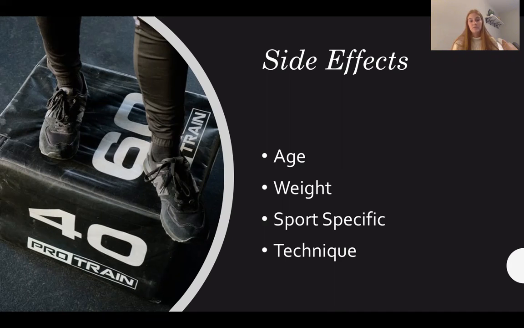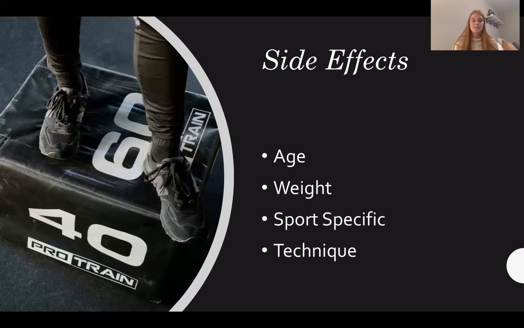And weight is also a big thing to consider when designing a plyometric program and deciding what types of exercises an athlete should be doing. So the heavier a person is, the more force they are going to be putting on those joints during exercises. Contacts with the ground is a big thing to consider when you are designing a plyometric program.